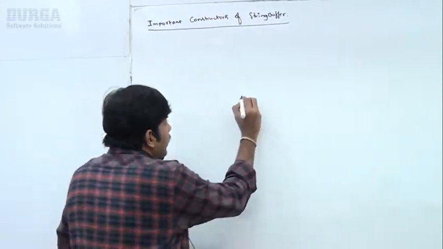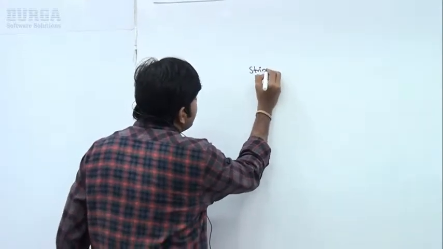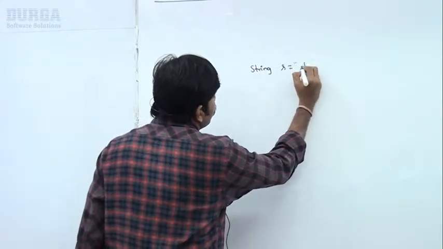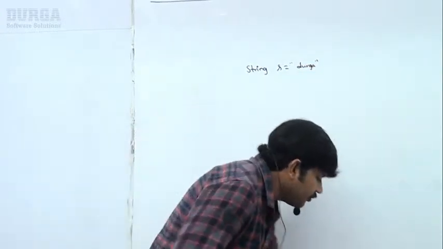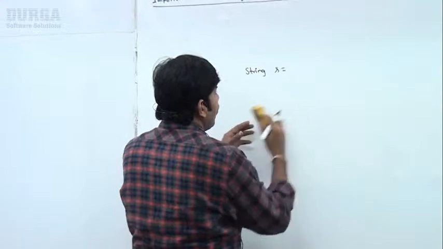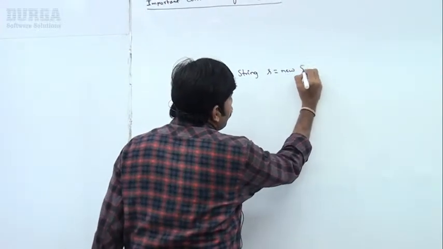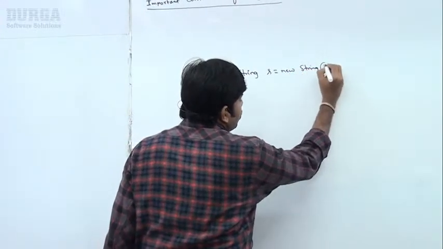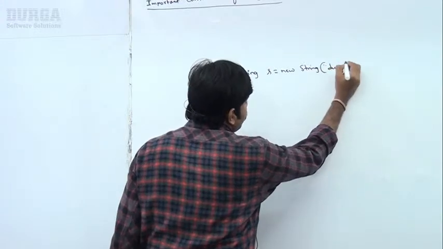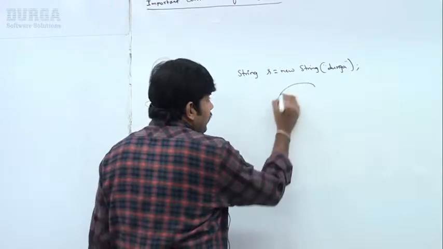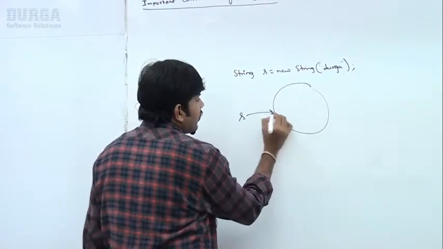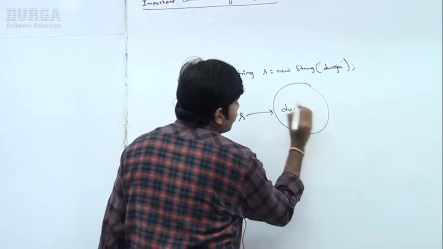If I take String s = "Durga" or new String("Durga"), either literal style or with the new operator, no issue. Now we are creating a String object, and the content is Durga.